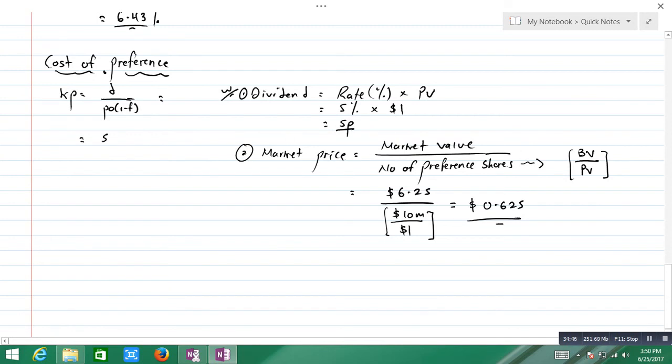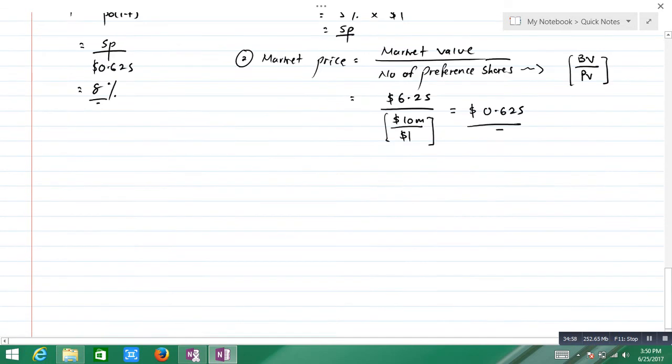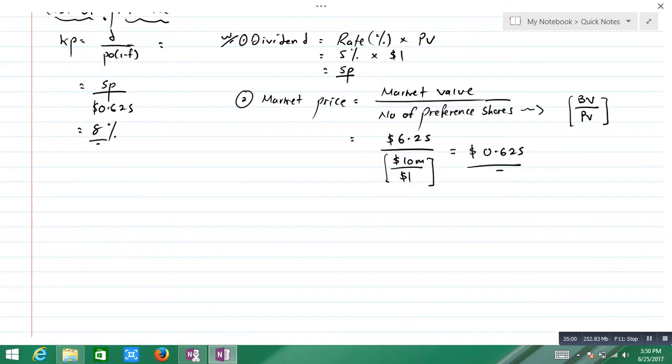Okay, last but not least, let's work out the WACC now. Before we calculate the WACC, we need the market value, but over here we're not going to calculate market value because market value is given.